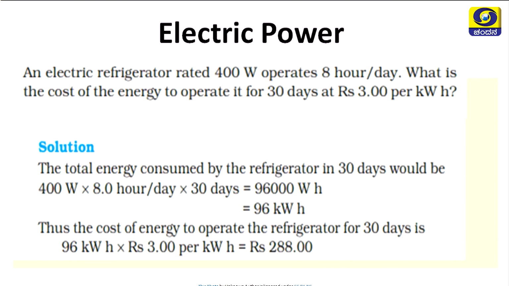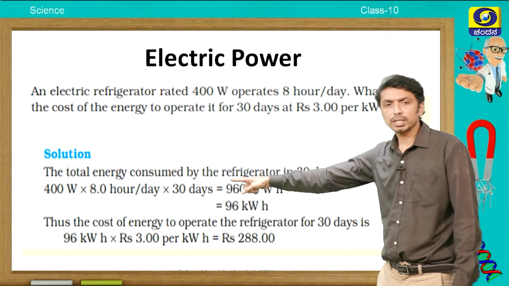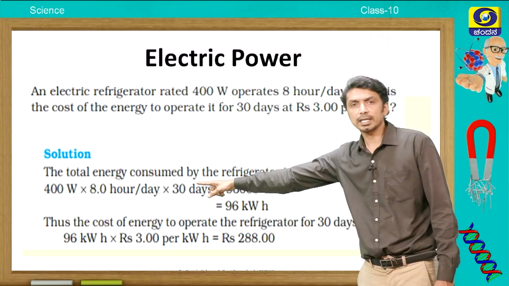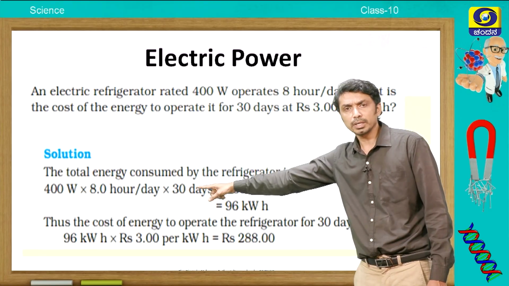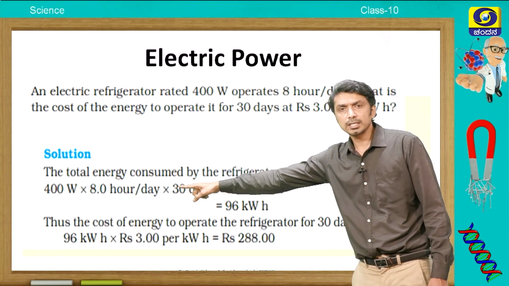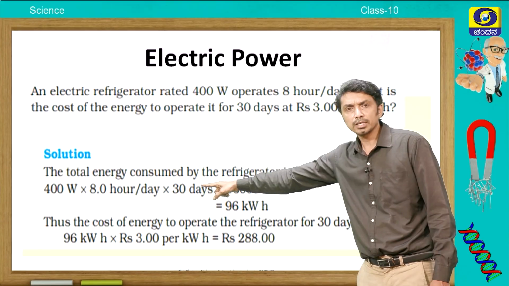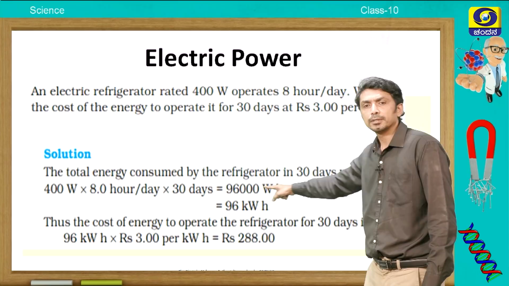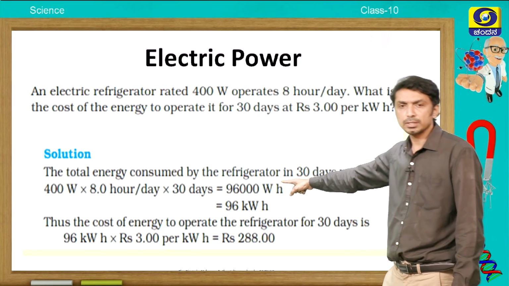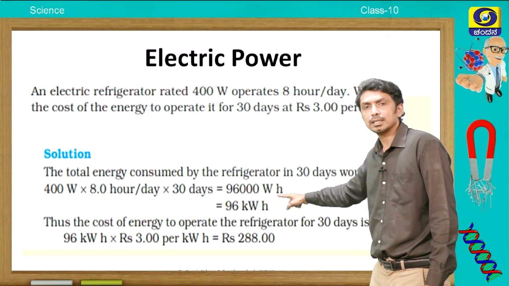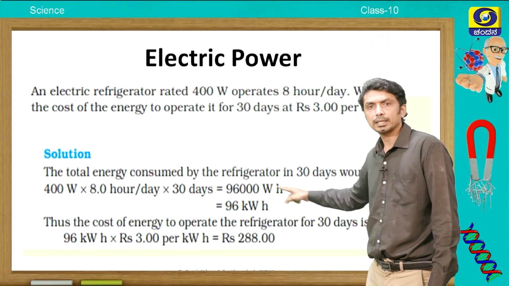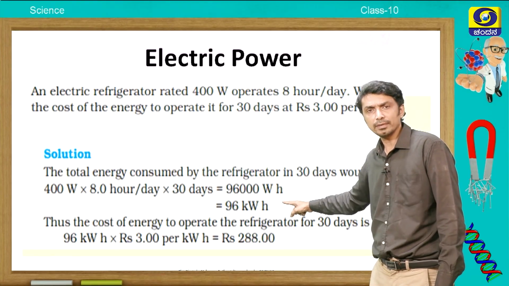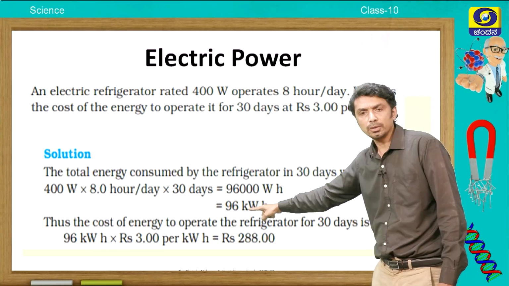30 days. So, as you can see, first we need to calculate how much energy it is consuming. So, 400 watt is the power. It is used for 8 hours per day, for 30 days. So, we will get the total energy consumed is equal to 96,000 watt hour, that means 96 kilowatt hour. 1000 means kilo.